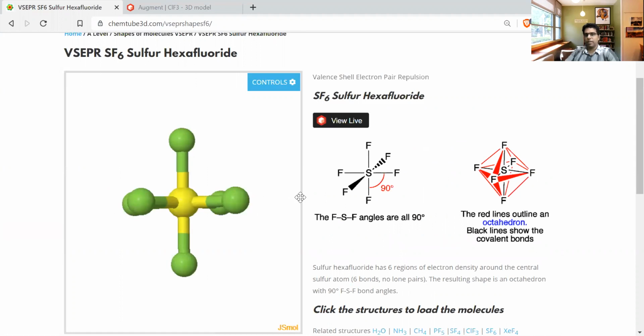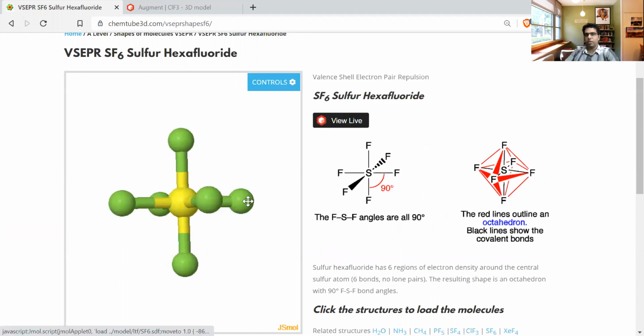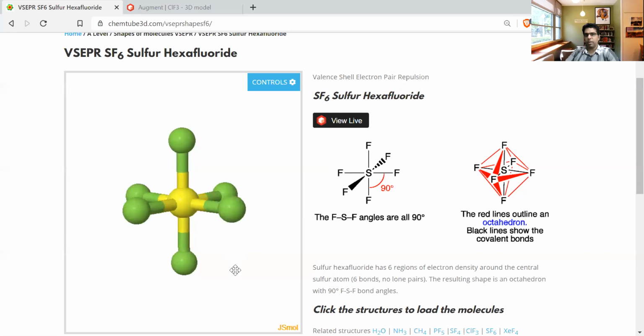So this is SF6, 4 at the corners of a regular square, one at the top, one at the bottom. And if you see from over here, it will look like this.